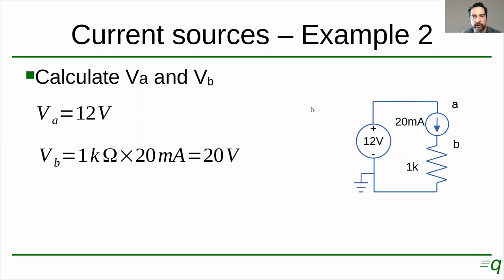Now, the voltage at point B is going to be the current times the resistor, again Ohm's law, right? And if we do 20 milliamps times 1 kilo ohm, we end up with 20 volts, right? So we have 20 volts dropping on this resistor again.